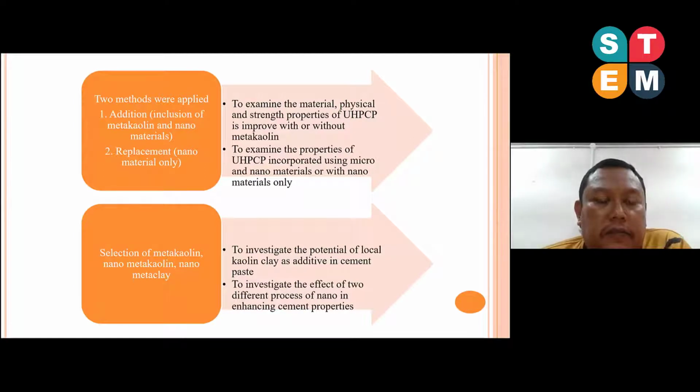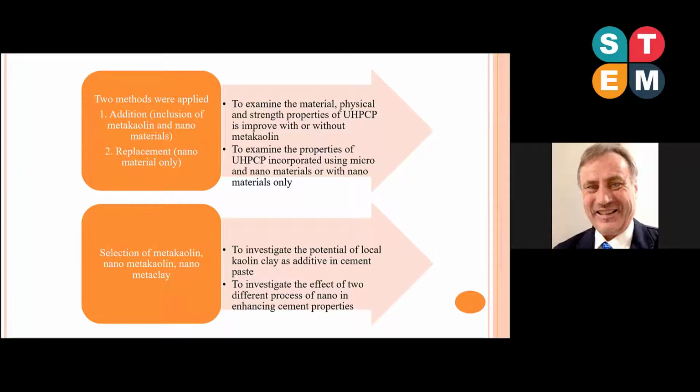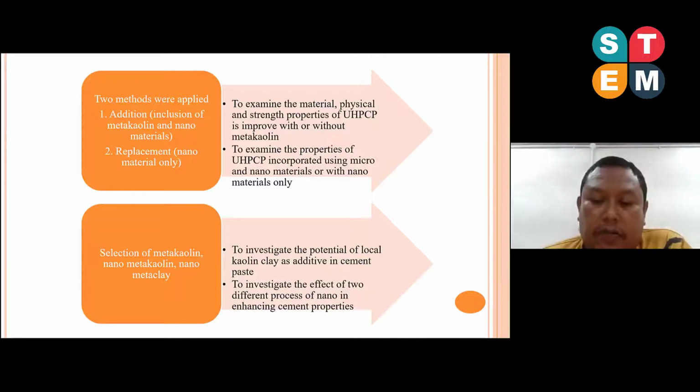For replacement, the nanomaterial included in the design replaces the cement itself, and for addition, there is no replacement, but it is added as an additive, again from the same material, nanometakaolin and nanometaclay.